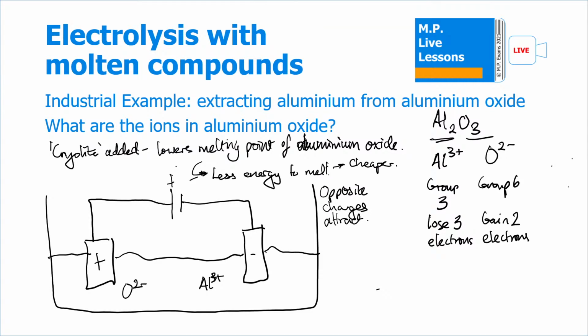Now what happens is these aluminium ions get attracted to the negative electrode called a cathode. This gets electrons, so it gets 3 electrons for each atom and just becomes aluminium. So this starts to get a nice coat of aluminium.